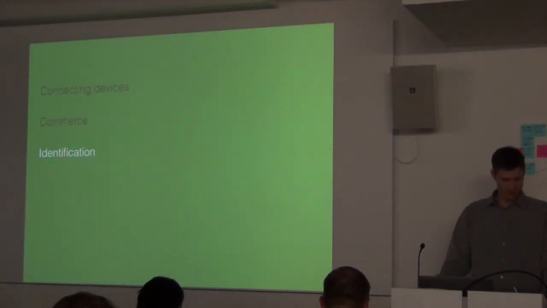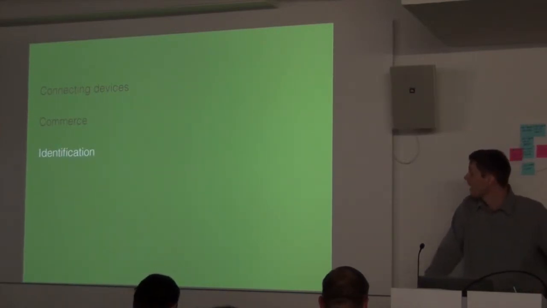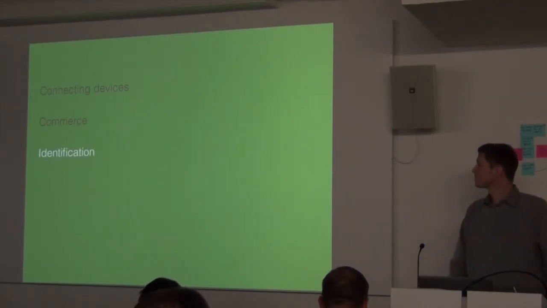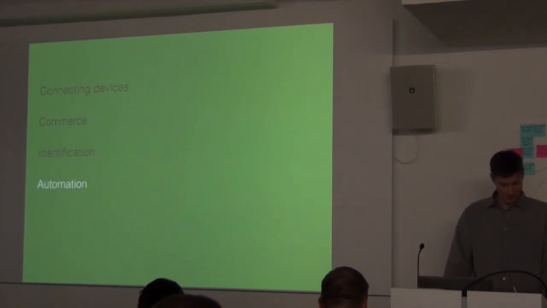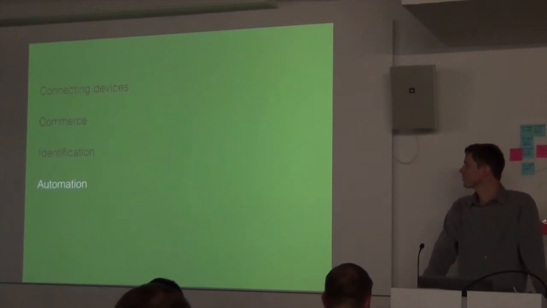So besides paying for things, identification is also a possible use. For example, any personal information, your rewards cards, pretty much anything in your wallet, will be able to be placed inside your phone, any device really. And then what really interests me, and what got me going on NFC, is this idea of automation.